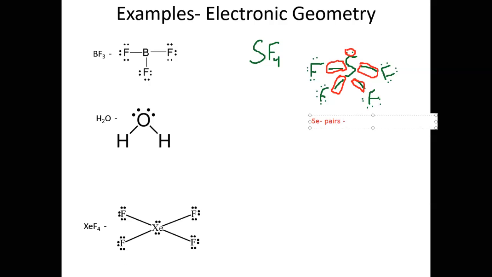So this would be trigonal bipyramidal electron geometry. Yeah, trigonal bipyramidal electron geometry.